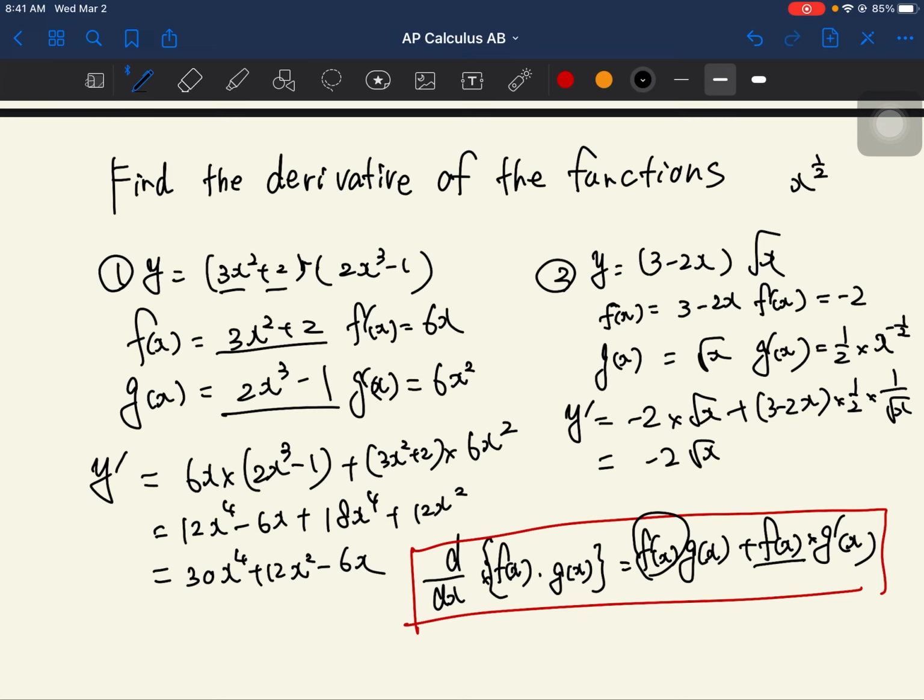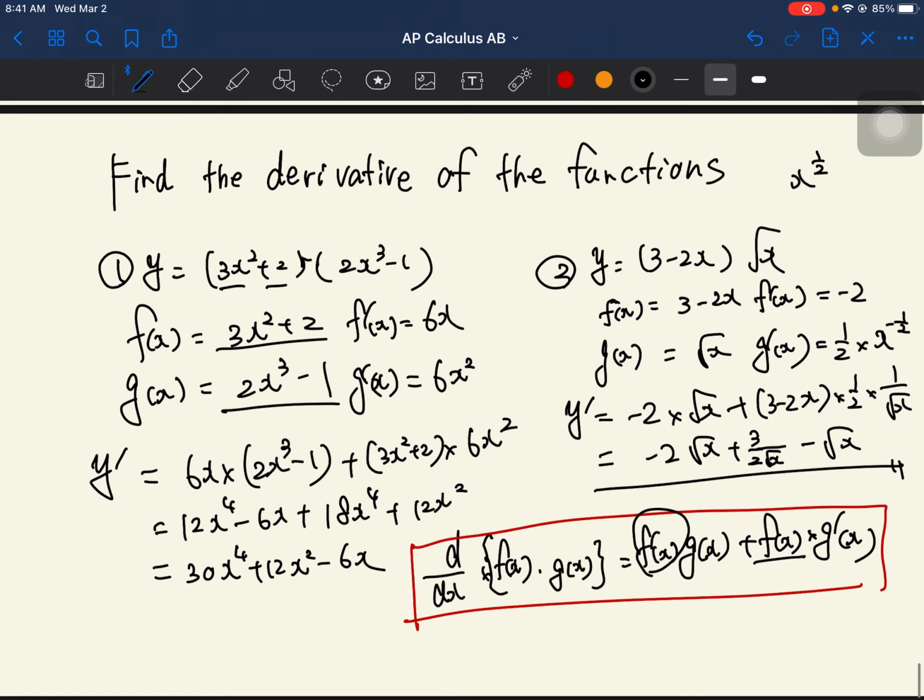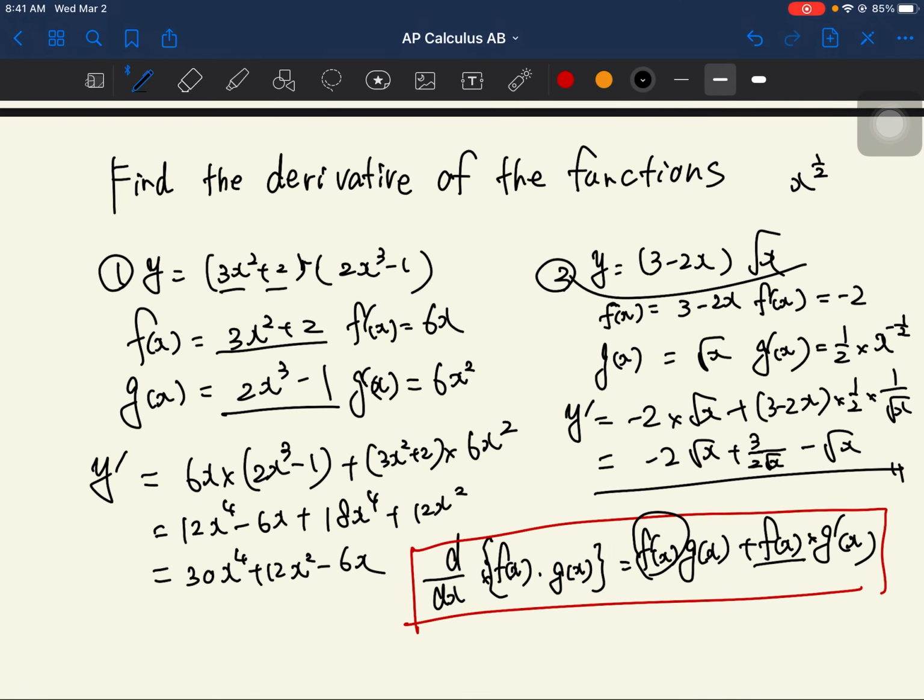Then negative 2 square root of x plus 3 over 2 square root of x negative square root of x. Yeah, that's it. But like I mentioned, you don't have to use the product rule. So let's compare.